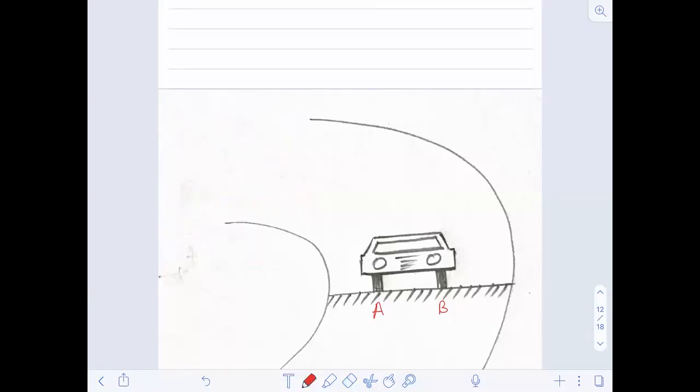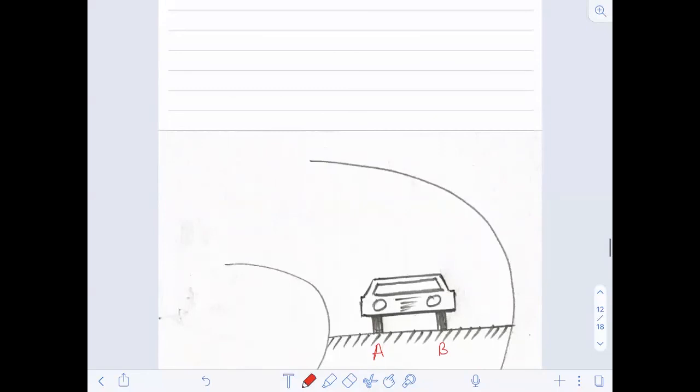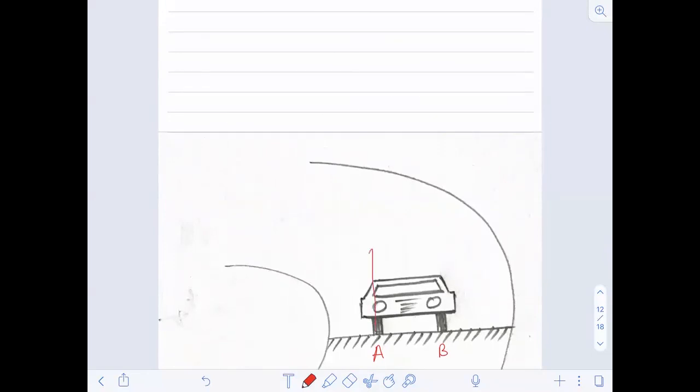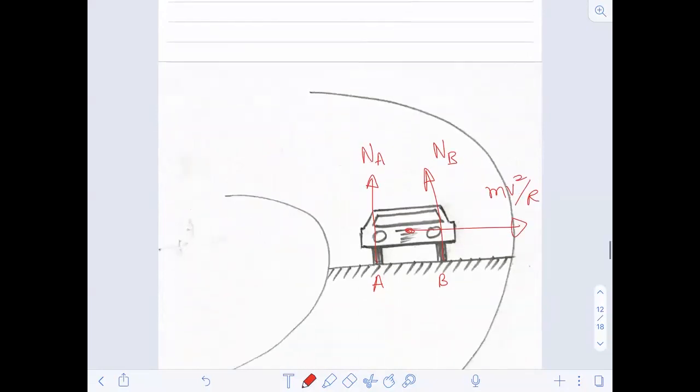So corresponding to that, I'm drawing the FBD. This is NA. This is NB. And this will be mv square by r. Mg force will be acting downward.